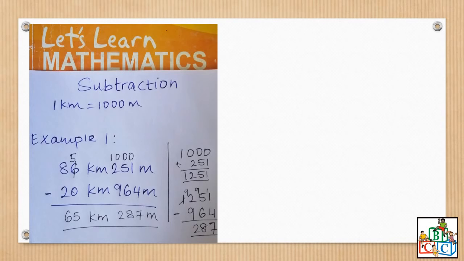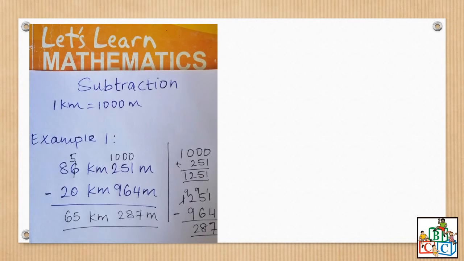So you cannot subtract 964 from 251. So you are going to borrow from over there, from kilometers. Then when you have borrowed, you will have 1000 meters. You are not going to have 10. You are going to have 1000 meters.